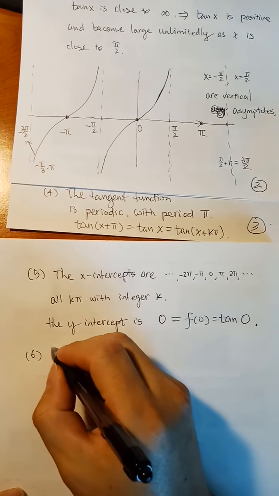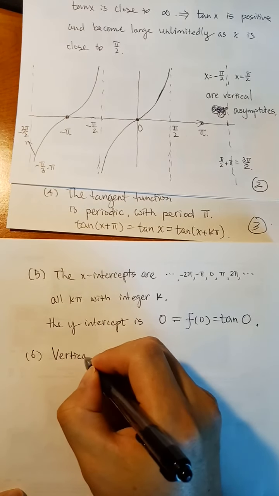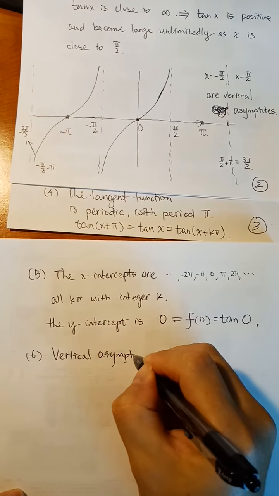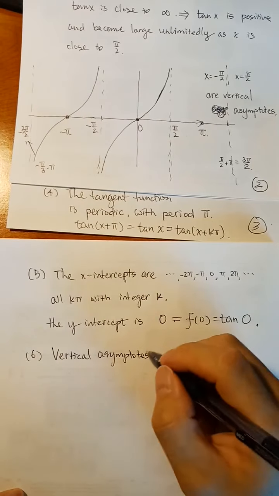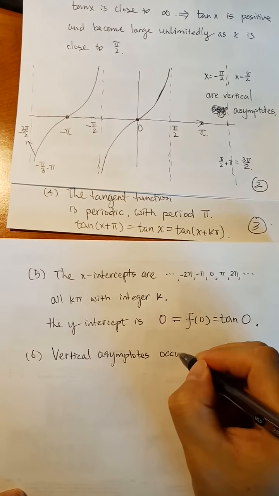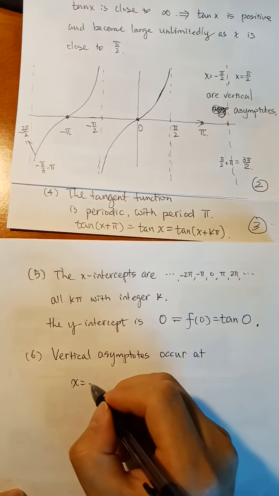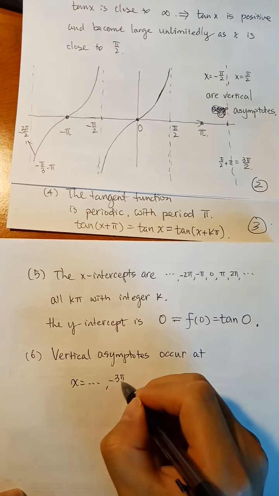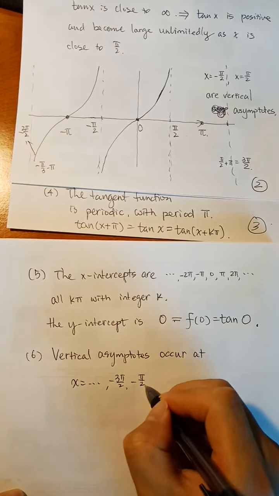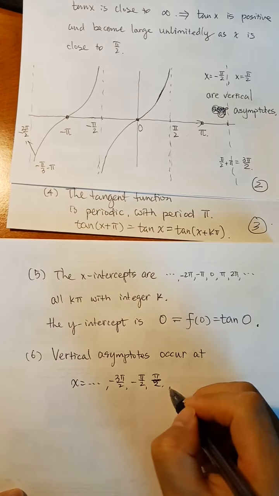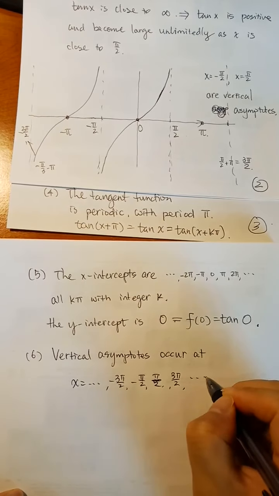Okay, 6. The vertical asymptotes occur at x equal to ... negative 3 pi over 2, negative pi over 2, pi over 2, and 3 pi over 2, and so on.